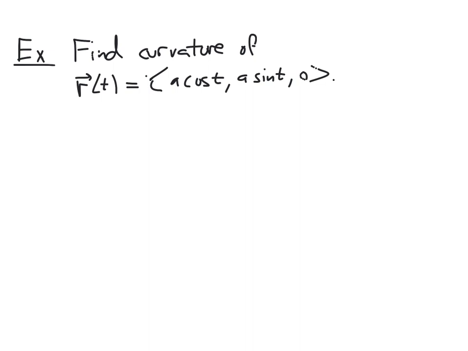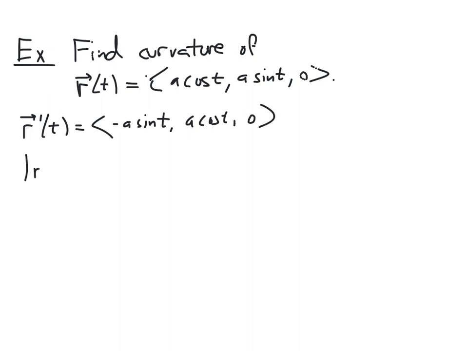And so if we go through and compute the curvature, we need to compute r prime of t first. So r prime of t will be negative a sine of t, a cosine of t, and 0.